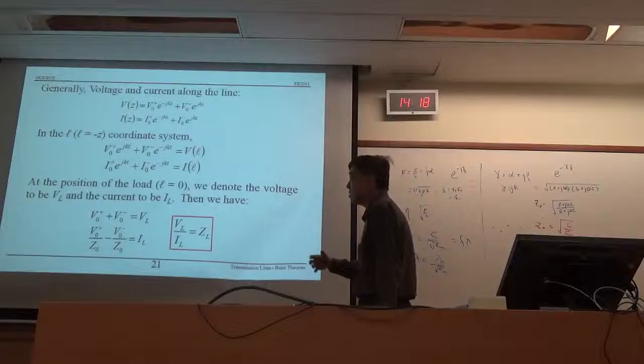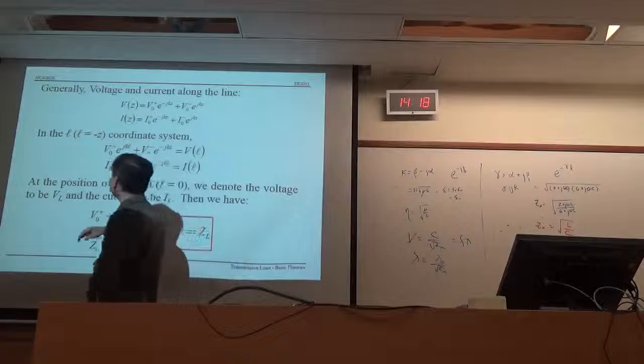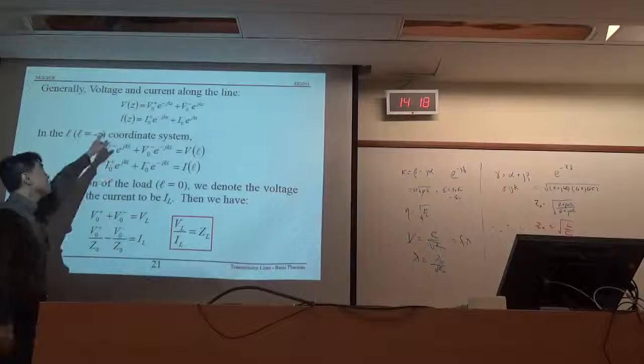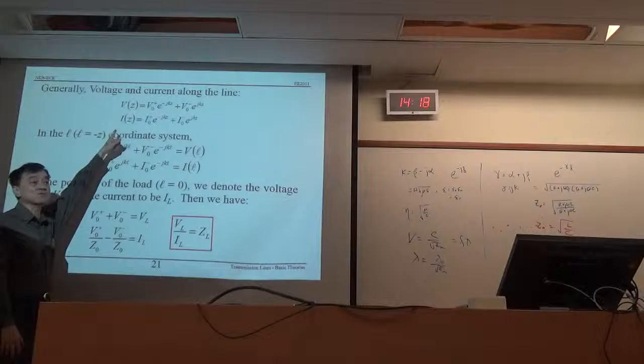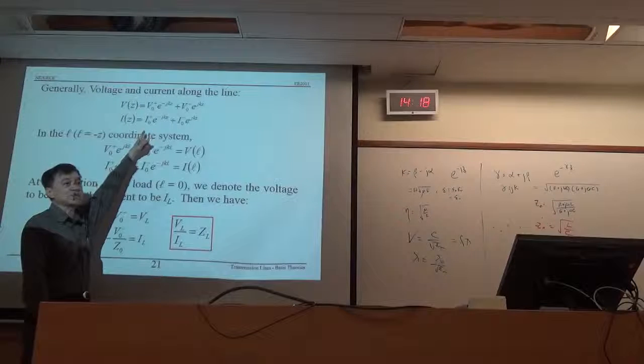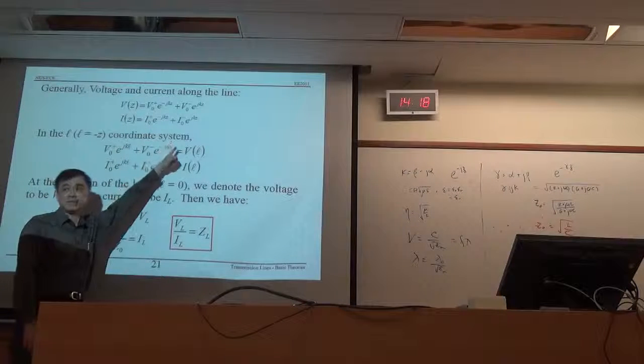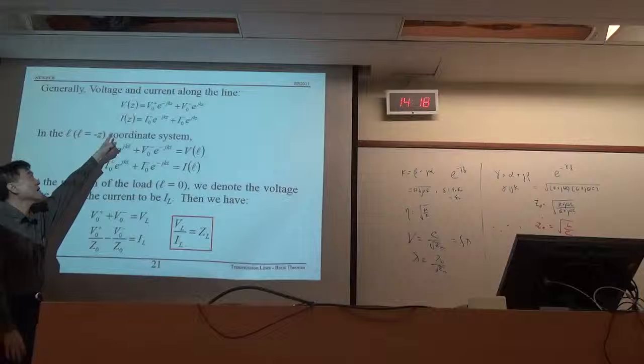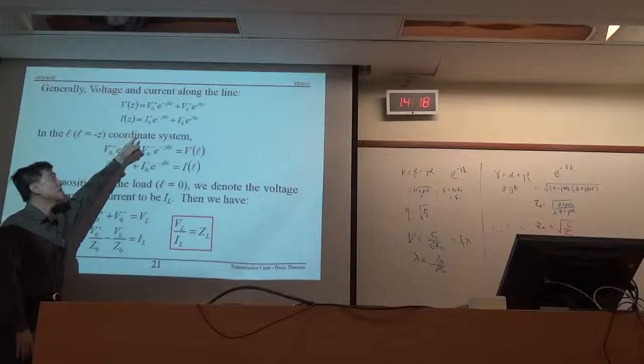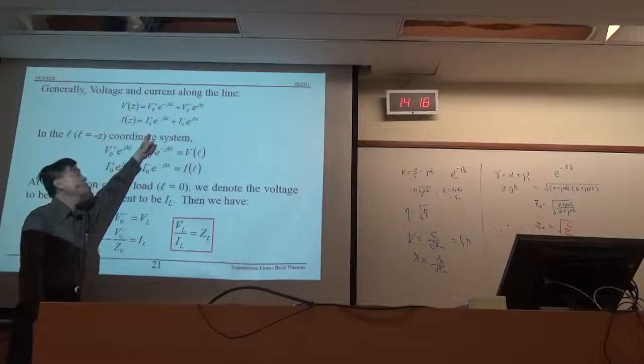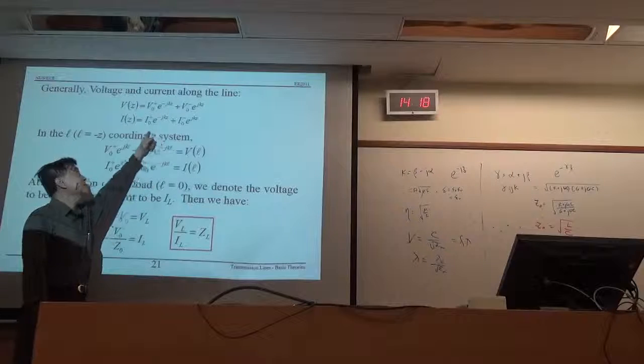Now, basically, what is being done here is that the total voltage is equal to the forward propagating voltage wave plus the reverse propagating voltage wave. The total current is equal to the forward current wave plus the reverse current wave. You can see that it's the same.